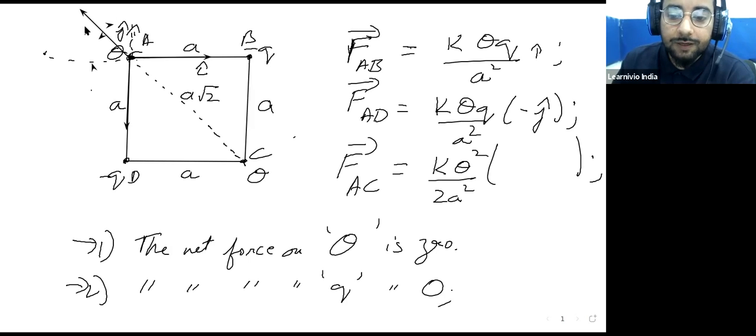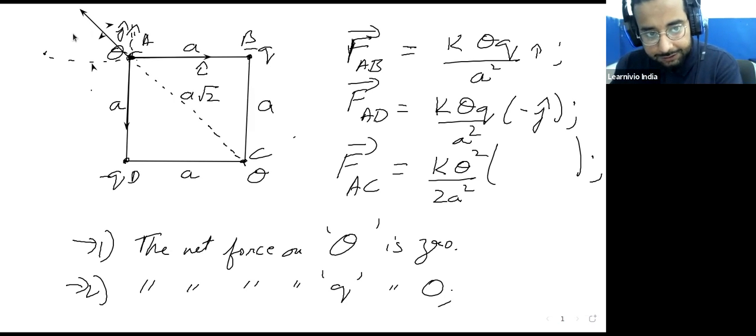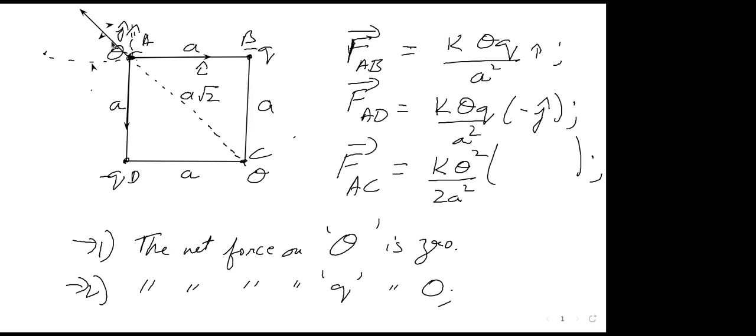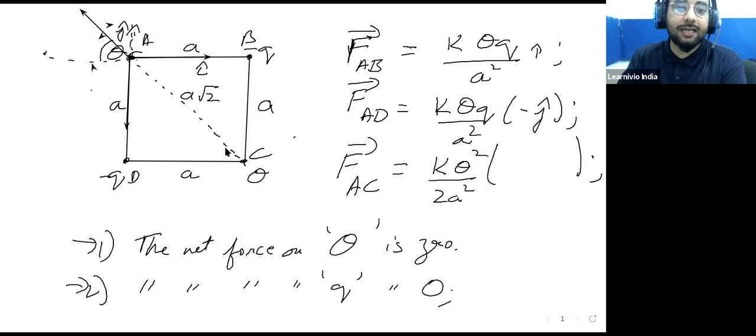No, wait. If you have a vector acting in some random direction and you have the axes, essentially what you need to do is resolve the vector along these axes, right? So how do you resolve? Well, this angle is 45 degrees, because this is 90 degrees and cutting it in half makes it 45 degrees.